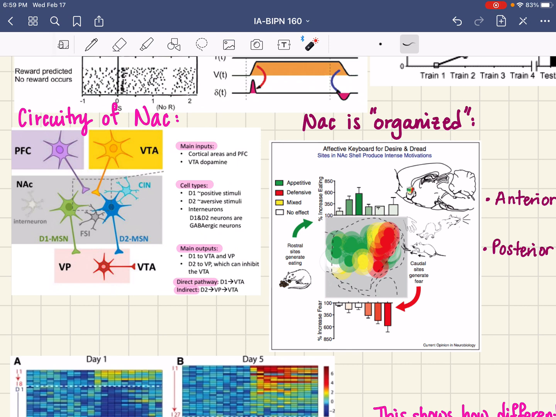Okay, and then the other important thing from this diagram would be for you to memorize where D1 and D2 project to.